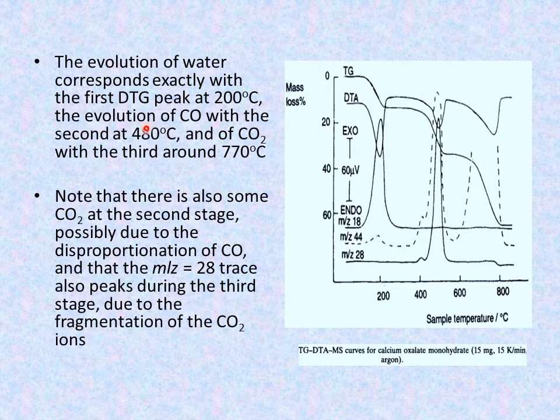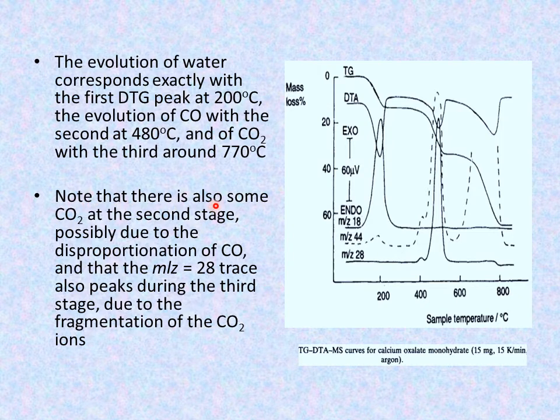The evolution of carbon monoxide corresponds with the second peak, at around 480 degrees centigrade. And the evolution of carbon dioxide corresponds with the third peak, the DTG or DTA peak at around 770 degrees centigrade.